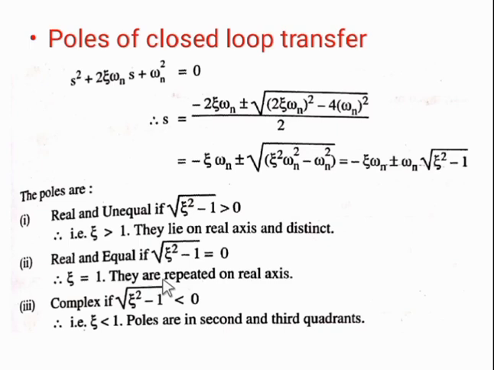But in this case, the roots are on the real axis and have the same value, so they are repeated on the real axis. Consider the third case. If zeta square minus 1 is less than 0, so zeta is less than 1, the poles are in the second and third quadrants.